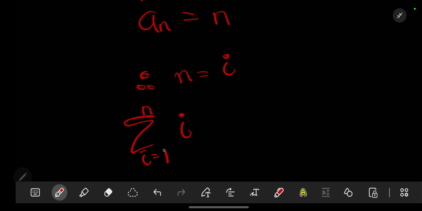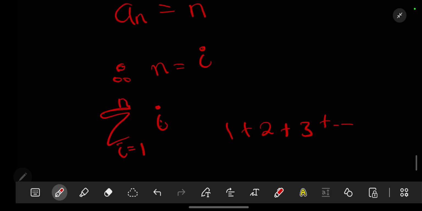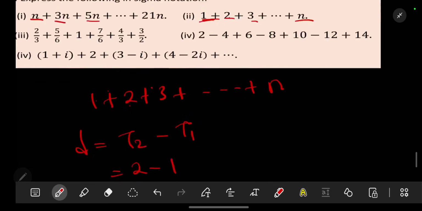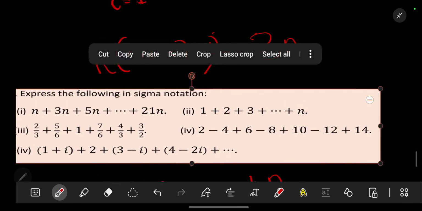So we are moving from 1 until n: the first one is 1 plus, the second one is 2 plus, the third one will be 3, plus dots until we reach n. That's the meaning. So that is how you express it for a full 5 marks question.